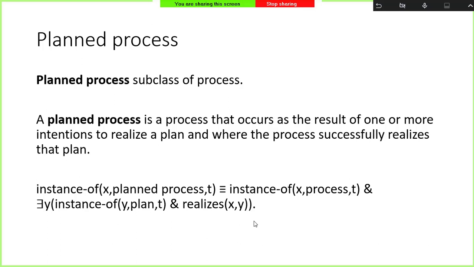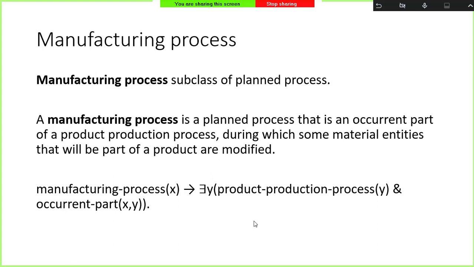All right, so a planned process is a kind of process that occurs as the result of one or more intentions to realize the plan and where the process successfully does realize it. So this is a definition here. A manufacturing process is a planned process during which some material entities which are part of a product are modified.